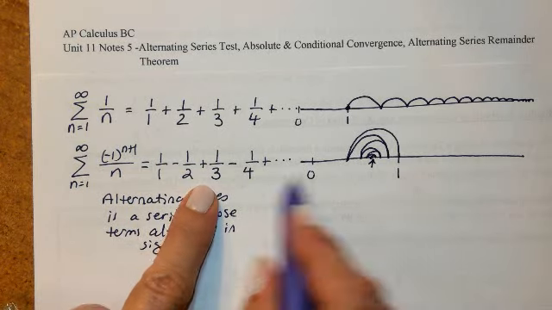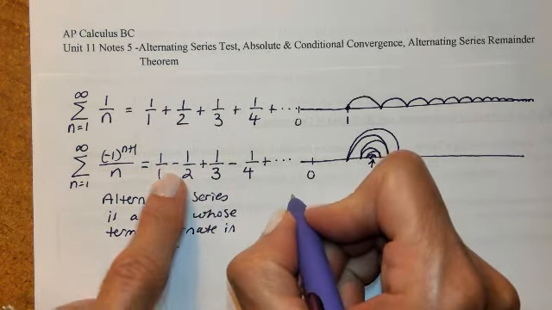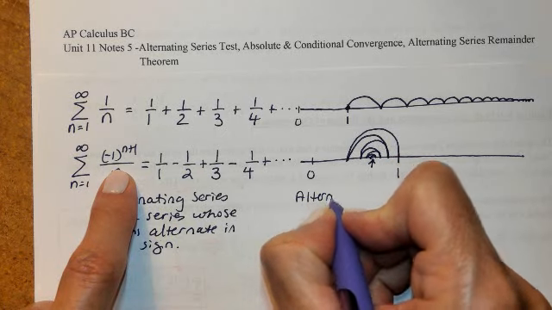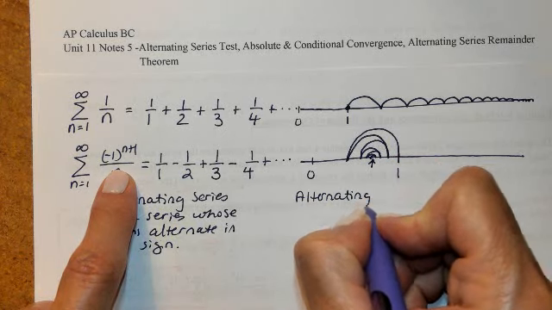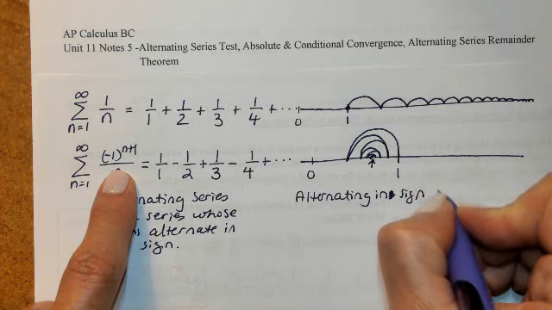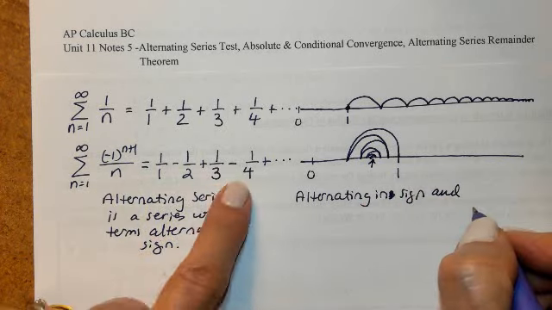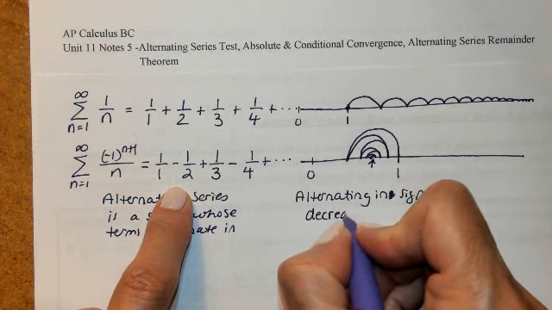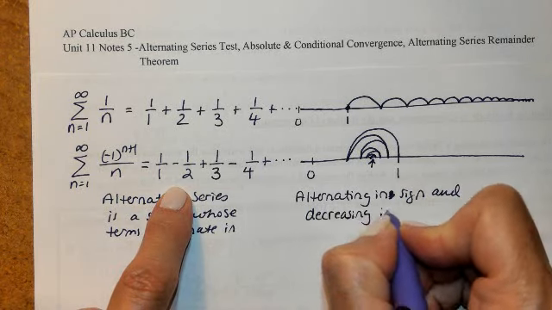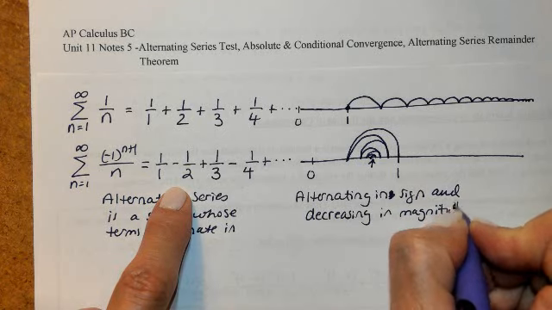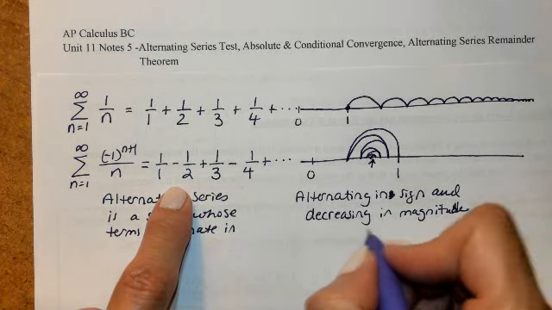The series converges because it is alternating in sign, and the terms are decreasing in magnitude, or in absolute value. Not only is it decreasing in magnitude, but the limit is 0.